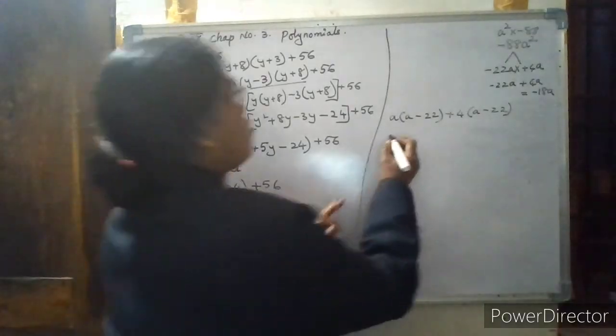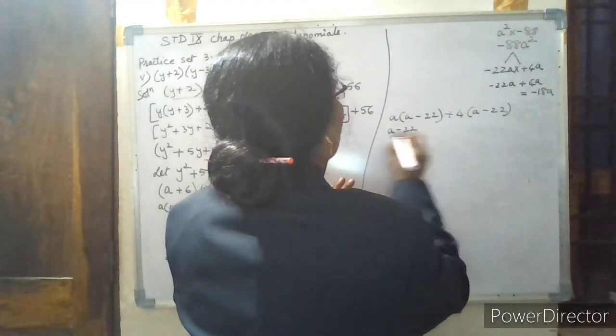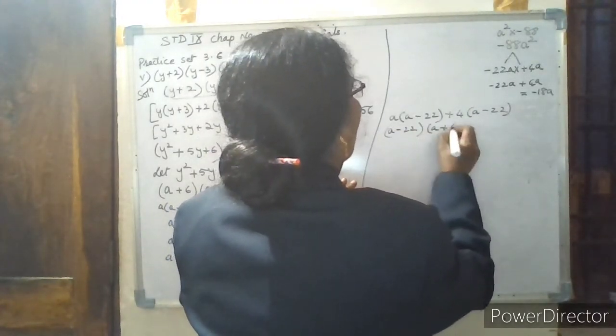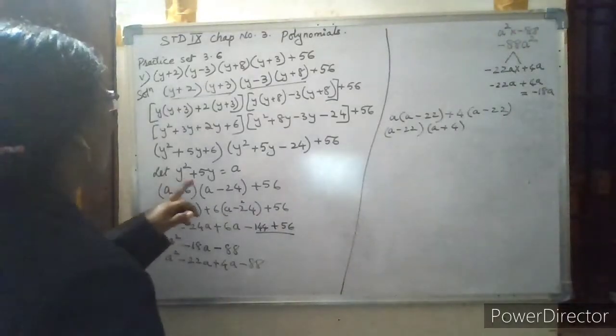Now the factors are a minus 22 into a plus 4. Now what is a? A is y squared plus 5y.